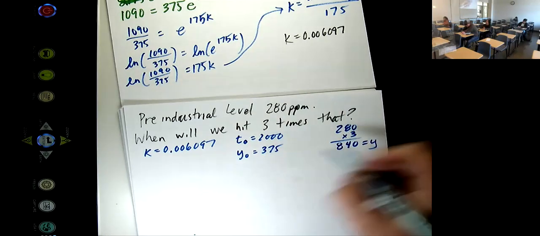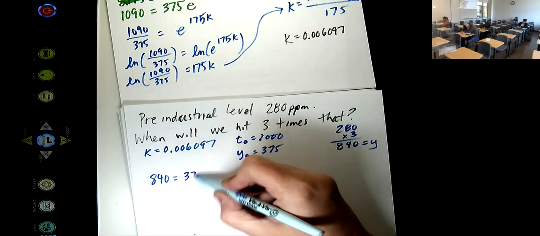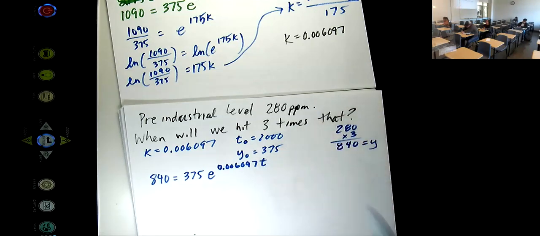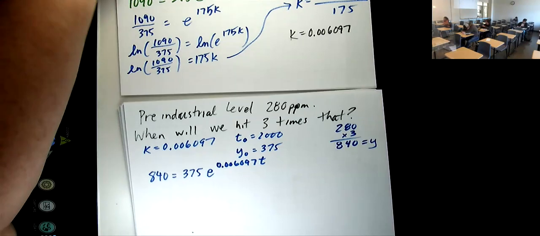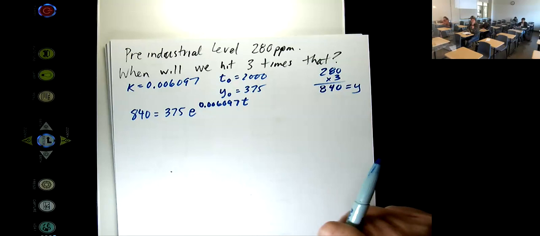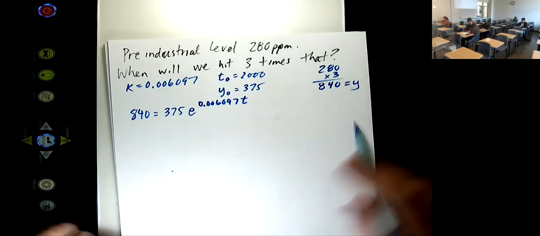And now this is our target Y, 840 equals 375 e to the 0.006097 T. So we solve it like we do the other one.